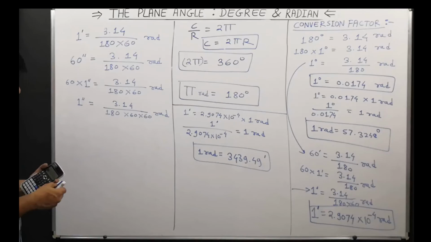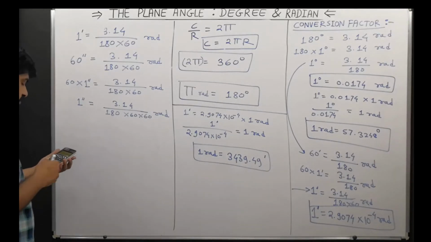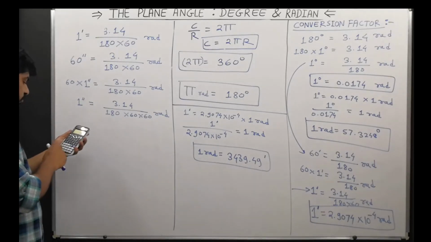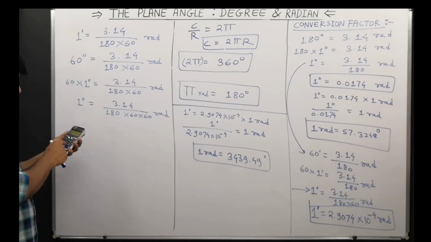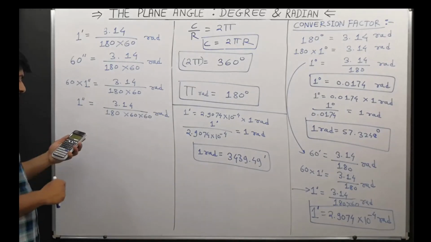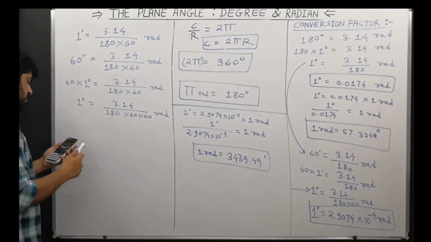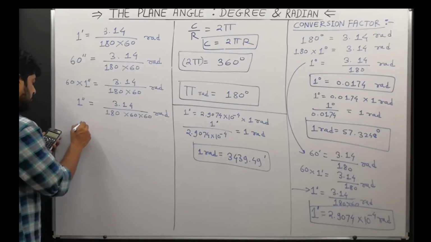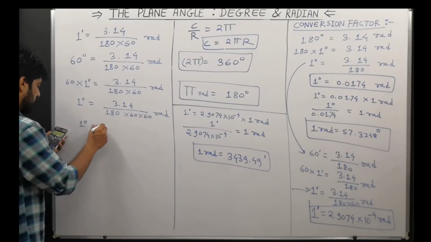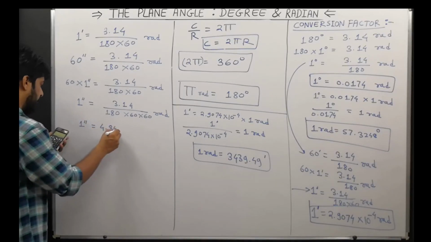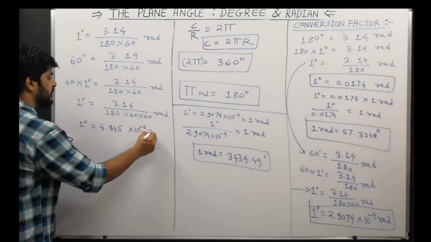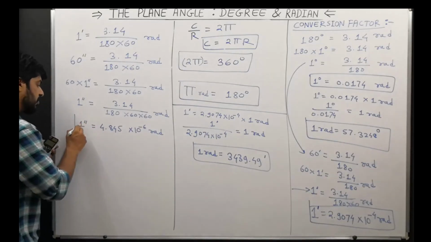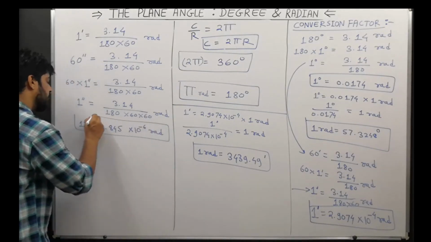Now let's see what answer we are gonna get from this. The answer that we get is 1 second is equal to 4.845 into 10 raised to minus 6 radians. So we have got this conversion factor.